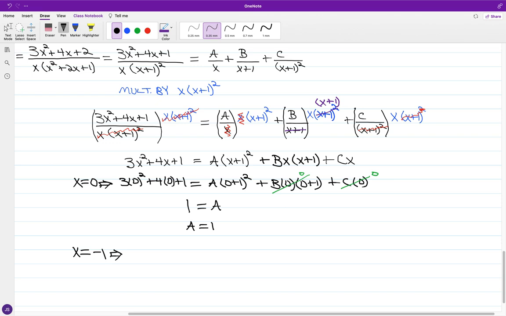I'm going back to the equation, so we got 3 times the square of negative 1, 4 times negative 1, followed by the addition of 1 to the right.